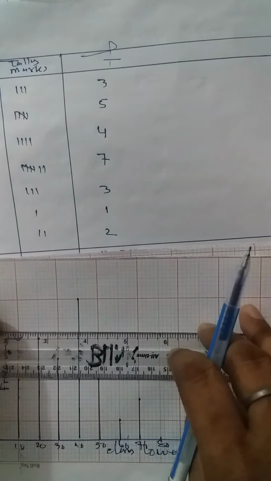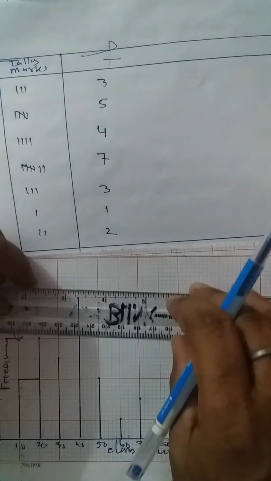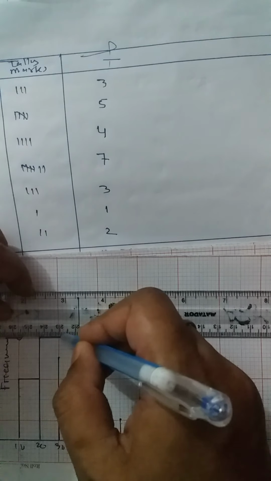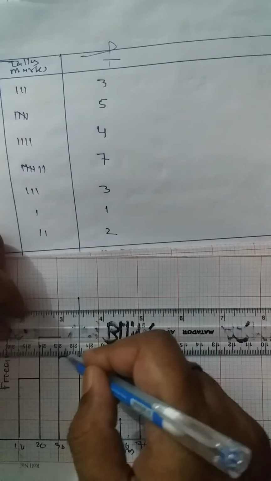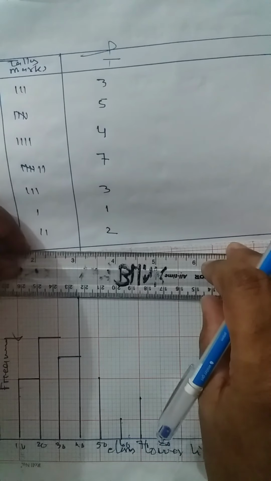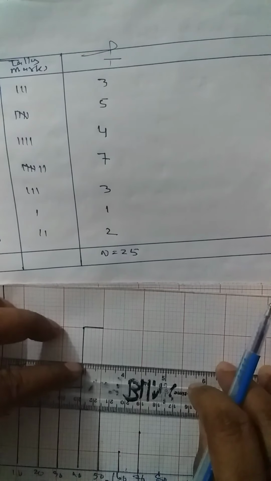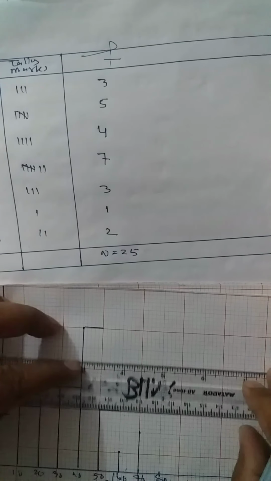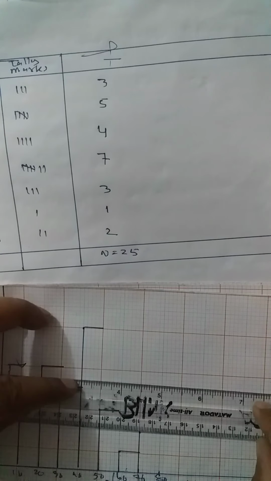The 10 to 20 is a class of the histogram. Then 20 to 30, 30 to 40, 40 to 50, 50 to 60, 60 to 70, 70 to 80.